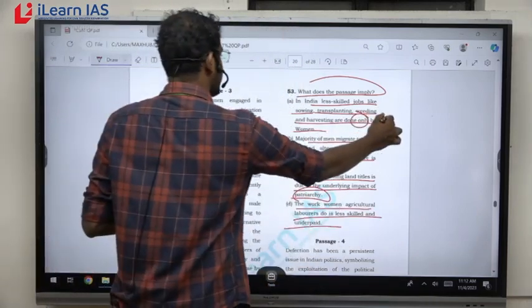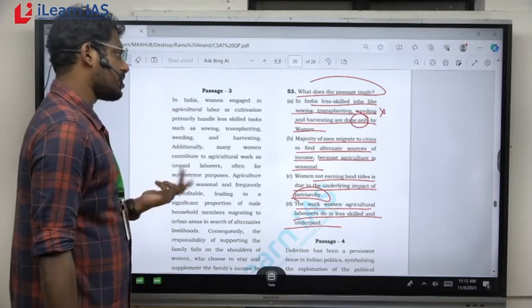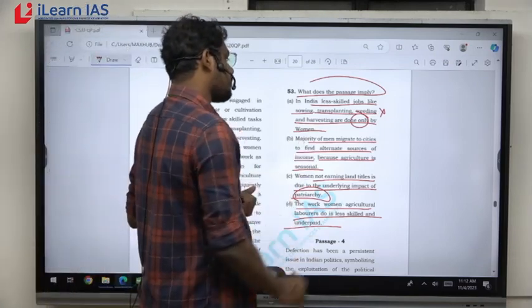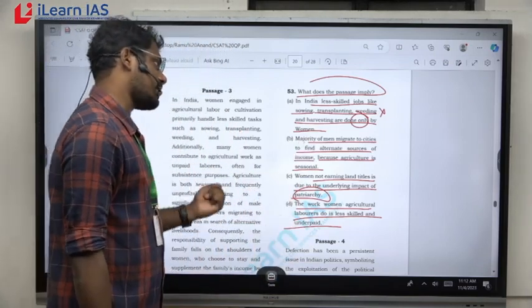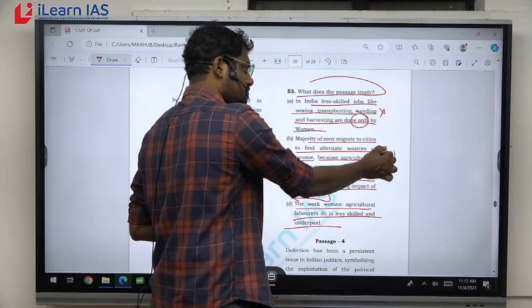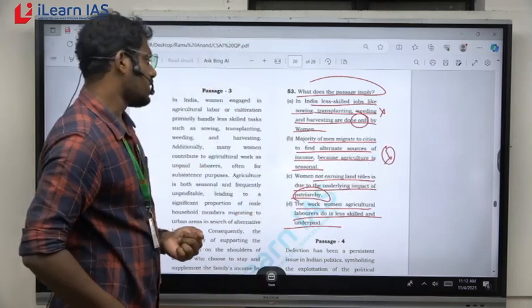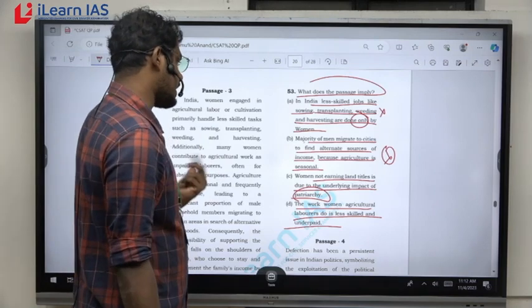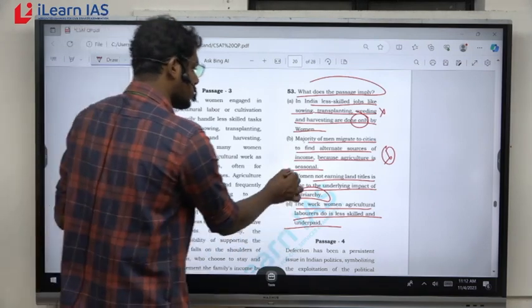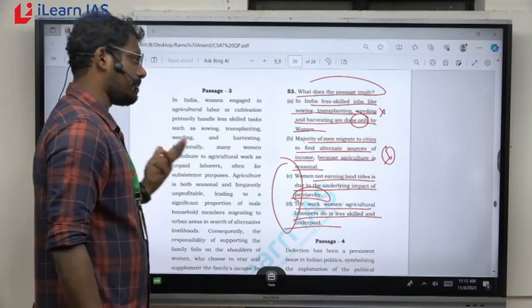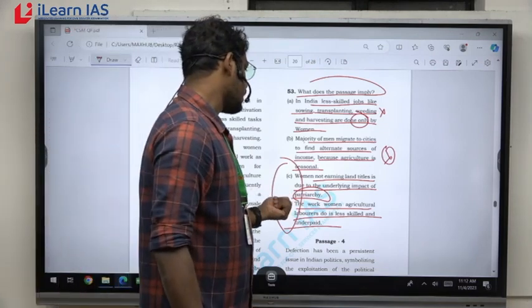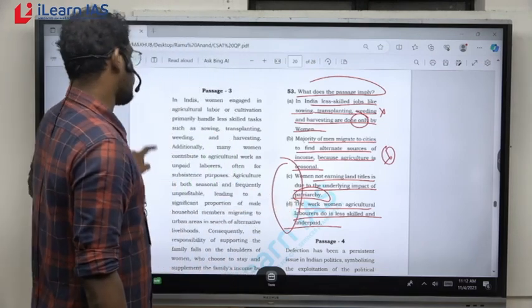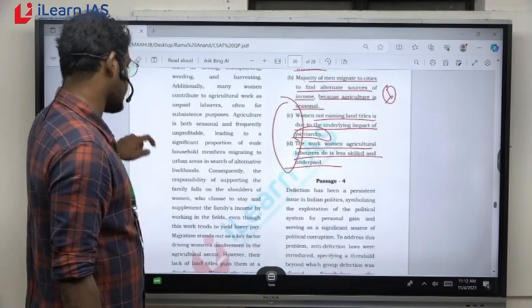So this is an extreme statement. This can be eliminated. The statement that majority of men migrate to cities because agriculture is seasonal sounds incorrect. Women not earning land titles is due to the underlying impact of patriarchy may be correct or maybe not. But we have to depend on the passage to check whether option C or D is correct.